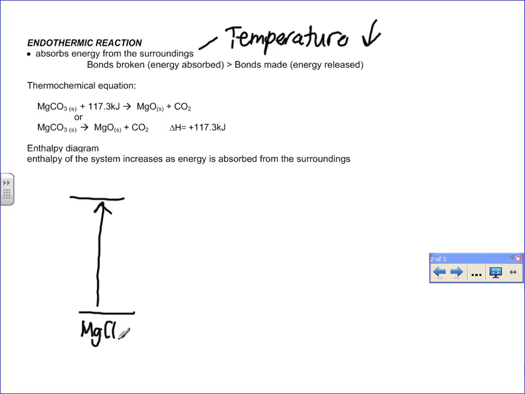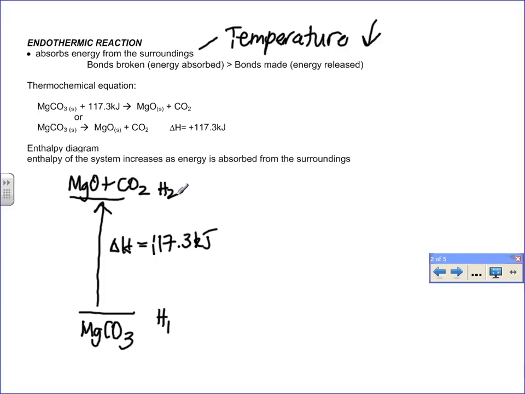So magnesium carbonate had a certain amount of enthalpy or internal energy, and after the reaction, we had a greater amount of internal energy or enthalpy. So this gives a good visual, and the difference between these two is the 117.3. So this is our H1, this is where we started, and this is where we finished. So this is how you draw an enthalpy diagram for an endothermic reaction.